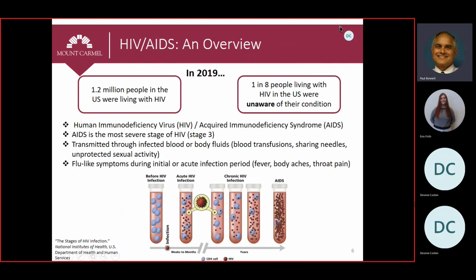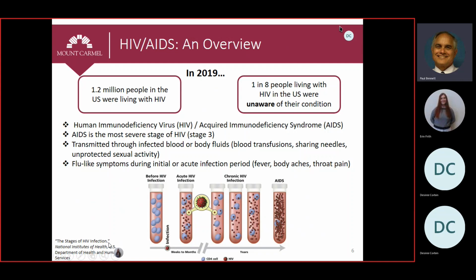Human immunodeficiency virus, HIV, is a retrovirus transmitted through blood or bodily fluids that slowly destroys the body's ability to fight infection, allowing for lymphomas, other malignancies, and opportunistic infections to develop or worsen.